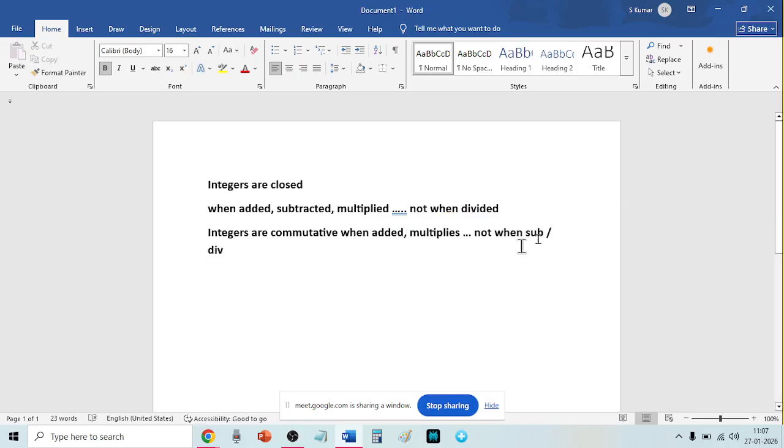And then similarly associative. Integers are associative when added, multiplied, not when subtracted or divided.